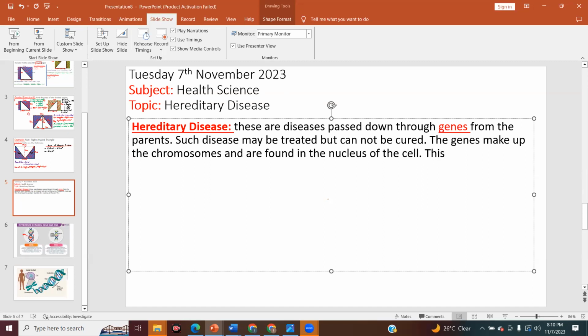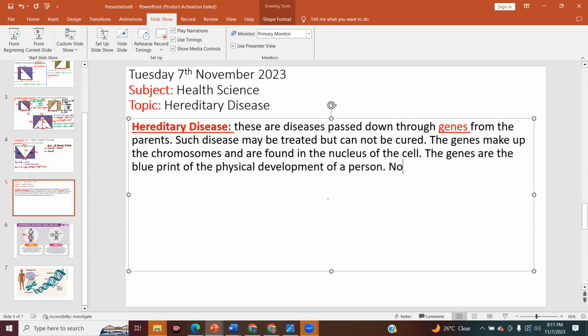This is what we say: the genes are the blueprint of the physical development of a person.